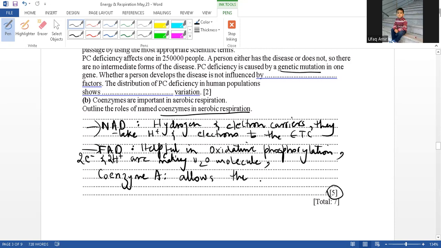Without coenzyme A, pyruvate cannot enter the Krebs cycle. And once acetyl coenzyme A enters the Krebs cycle, coenzyme A leaves and acetyl combines with oxaloacetate to make citric acid.